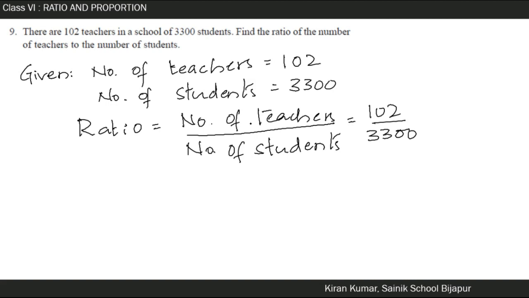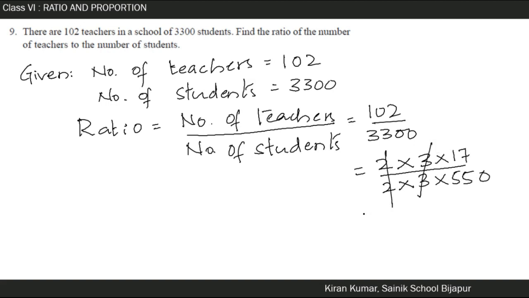This has to be simplified. We can simplify it like this. 102 is 2 into 3 multiplied to 17, and 3,300 is 2 into 3 multiplied to 550. 3 and 2 get cancelled. We get the required ratio as 17 is to 500.